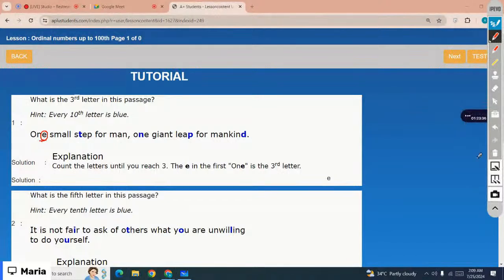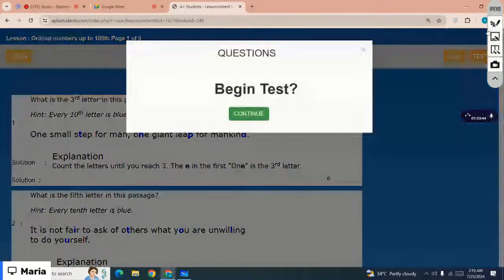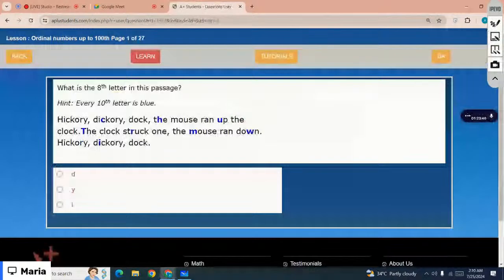Let's start with the test questions. What is the eighth letter in the passage? So, which is the correct option? Now you have to see the eighth one, right?